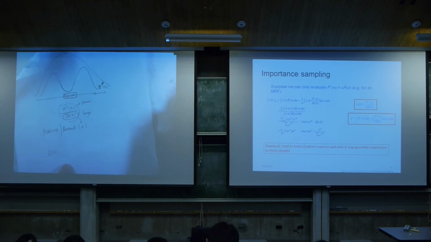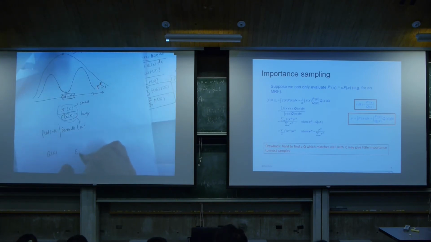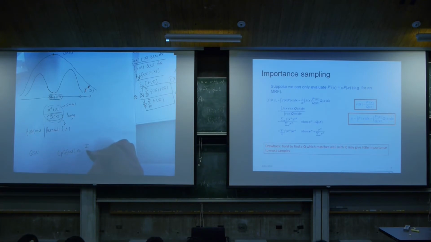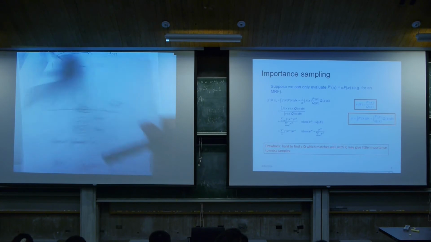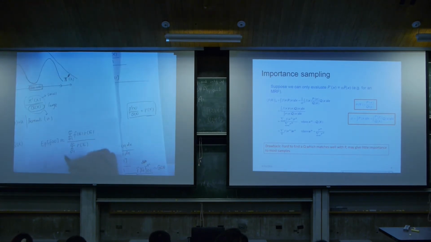Remember, the expectation of f(x) in importance sampling is approximated by this, where gamma(x_i) is defined as p'(x_i) over q(x_i).